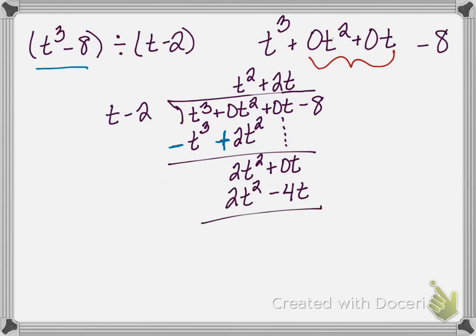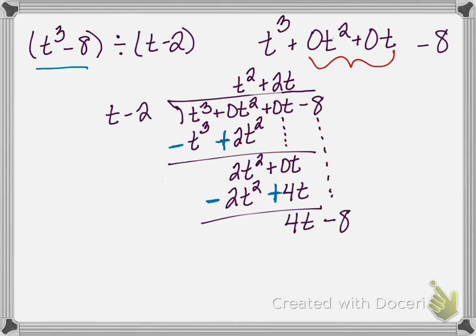I am subtracting, so I've got to change both of those signs. 2t squared minus 2t squared is 0. 0t plus 4t is 4t. Then I bring down my negative 8.